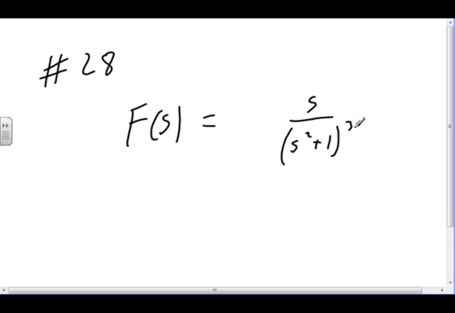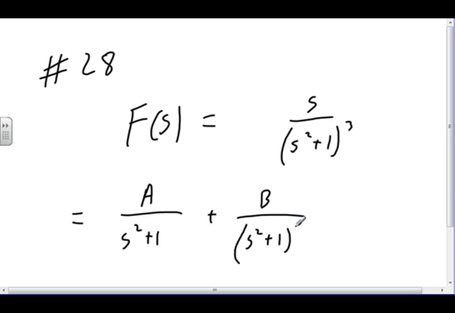S cubed, huh? All right. So I do a partial fraction. A over s squared plus 1, B over s squared plus 1 squared, C over s squared plus 1 cubed. And then I'd ask myself, is that the way I work that problem, or am I blowing smoke?